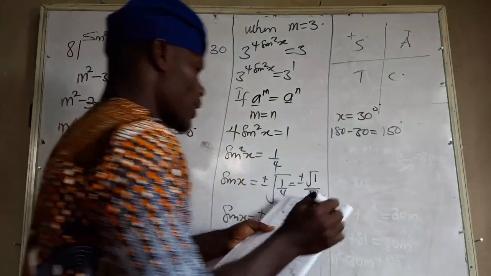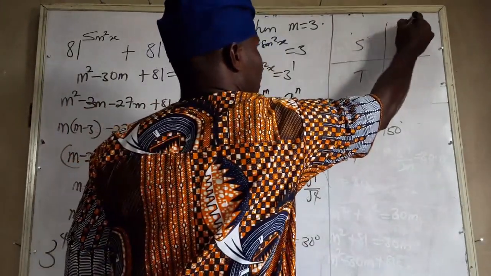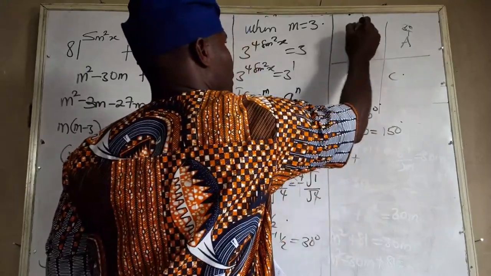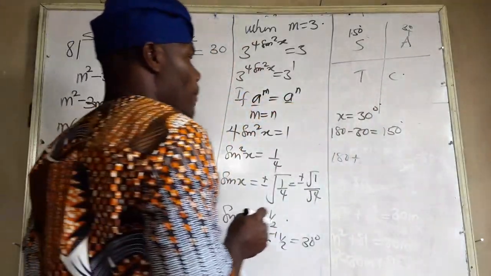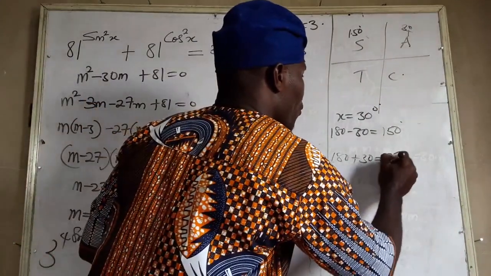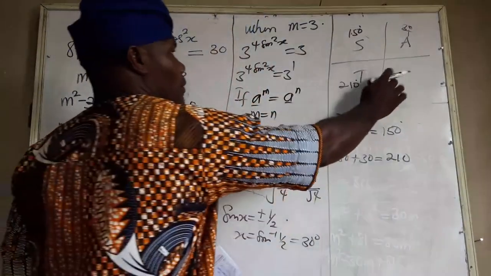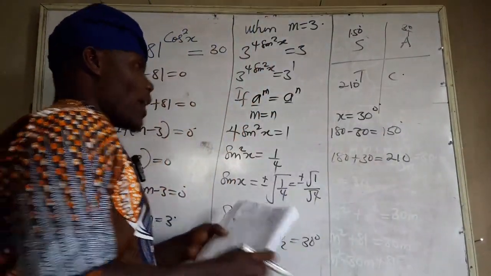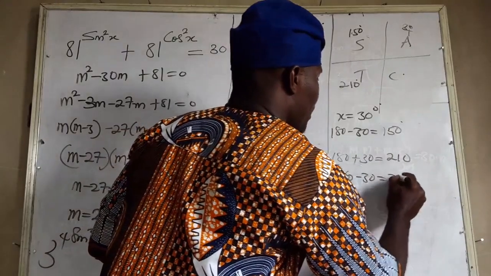So let's find the angle from here. The first one is 30, here is 150. So let's find for the third quadrant. We have 180 plus 30, which gives us 210. So we have 210 here. For the fourth quadrant, we have 360 minus 30, which is 330.